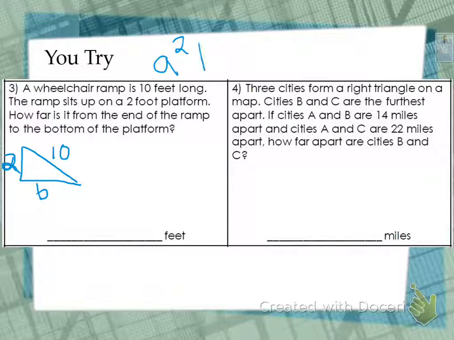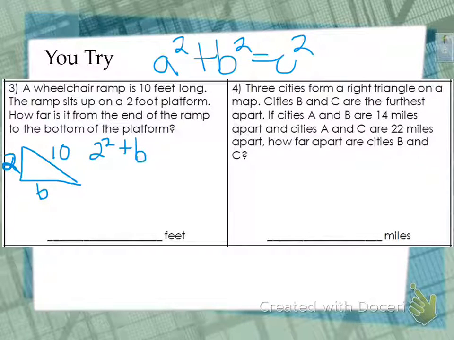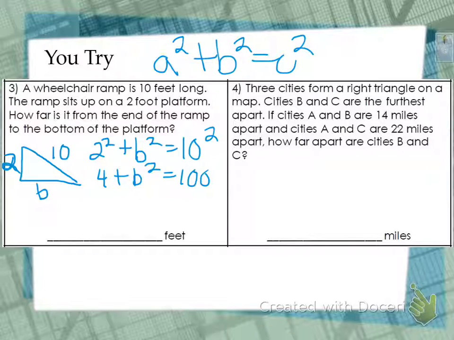Again, remembering my formula, a squared plus b squared equals c squared. 2 squared plus b squared equals 10 squared. 4 plus b squared equals 100. 100 minus 4, b squared equals 96.